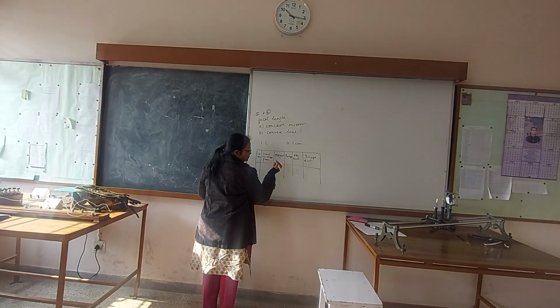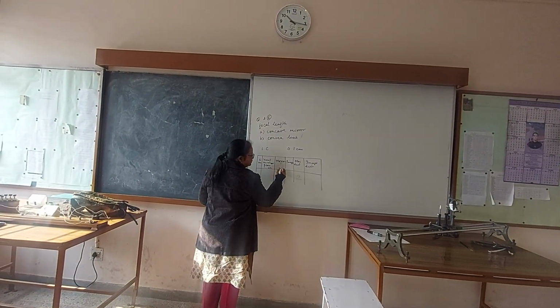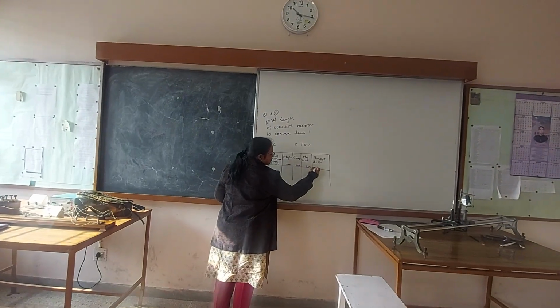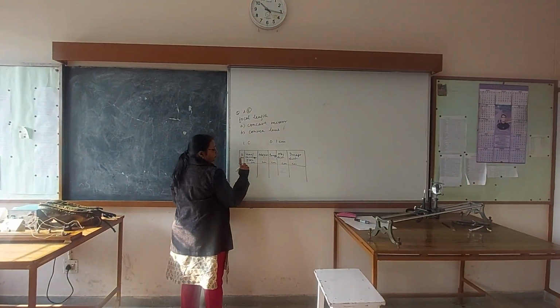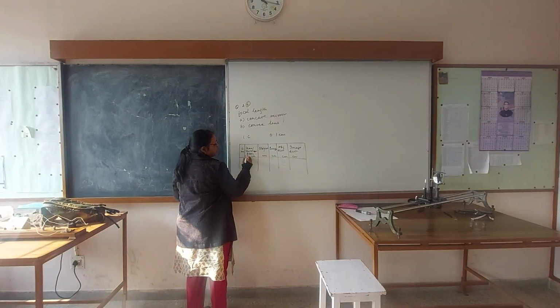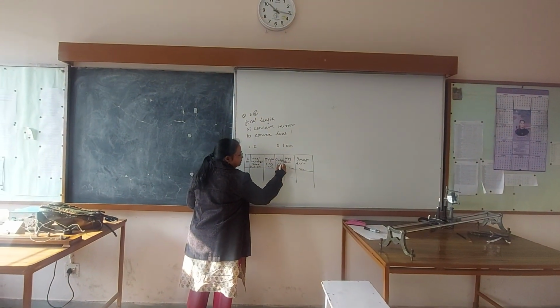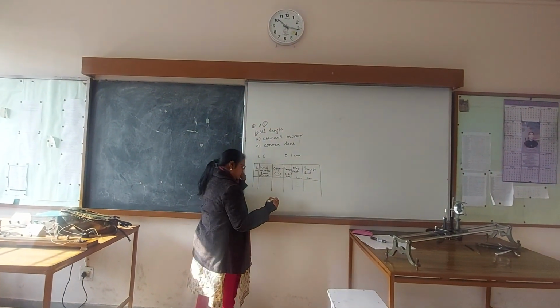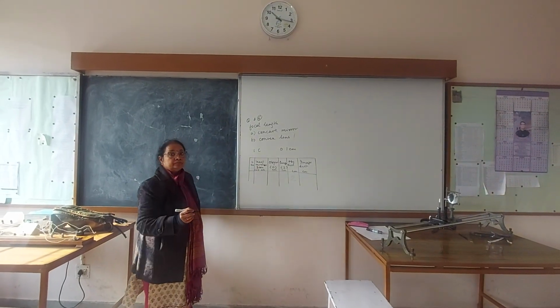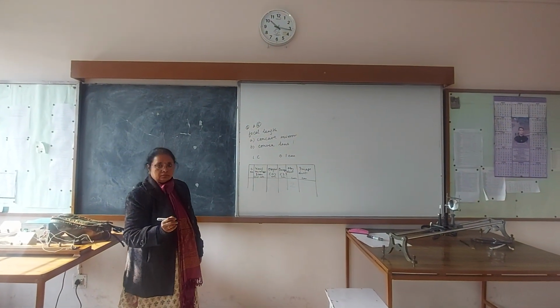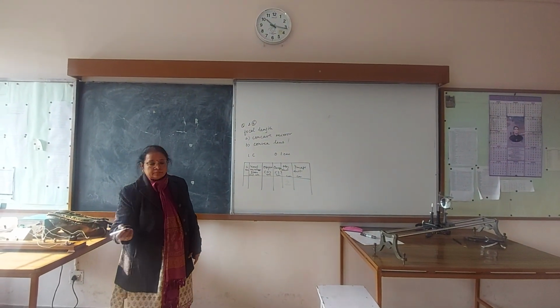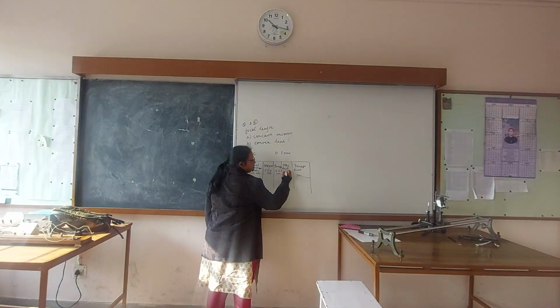Units, centimeter. Better is to write this as, let's say, L, O and I. Object distance will be L minus O, depends on how you are keeping the object. And you will write it as U.